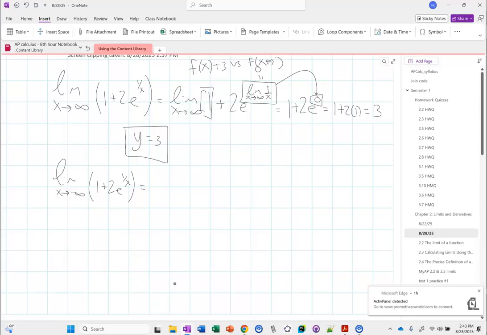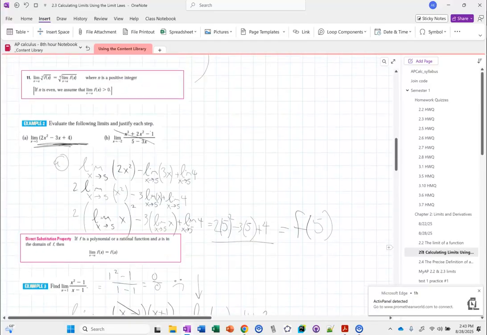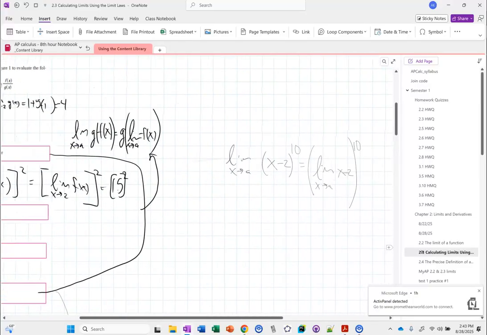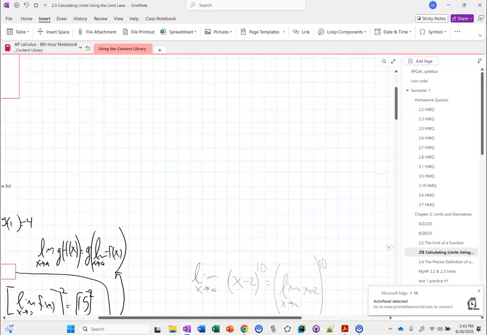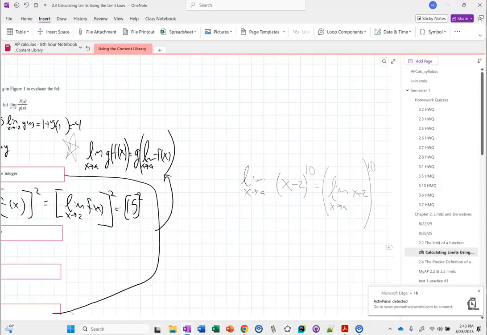And what rule did you use that added the limit to the 1 over x? If I have a composition of two functions, I can push the limit inside the composition, which is what I did, because I had e to the x composed with 1 over x.